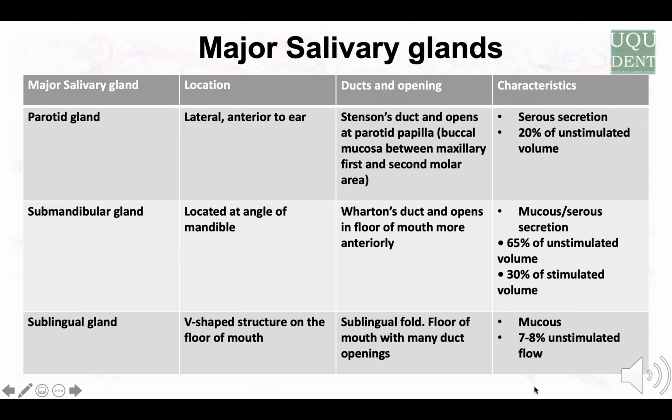It composes 65% of unstimulated salivary volume and 30% of the stimulated one. The sublingual gland, it's a mucus secretion, and it composes 7 to 8% of the unstimulated flow.